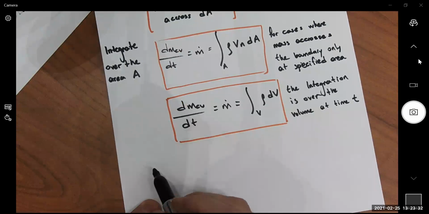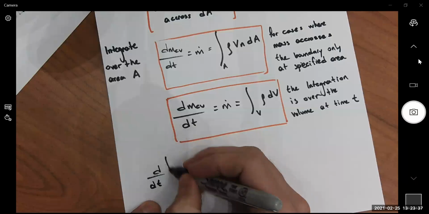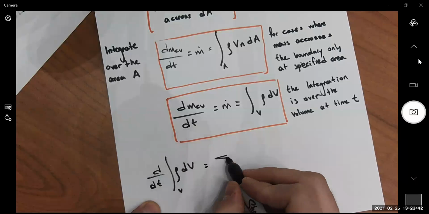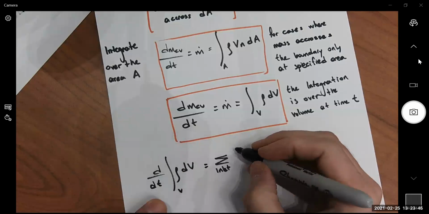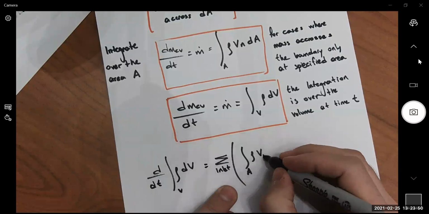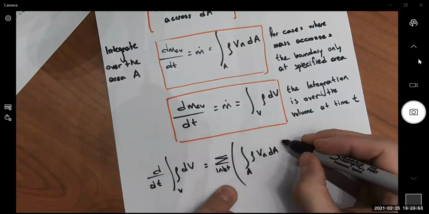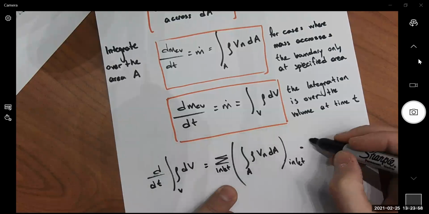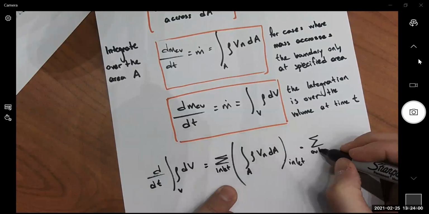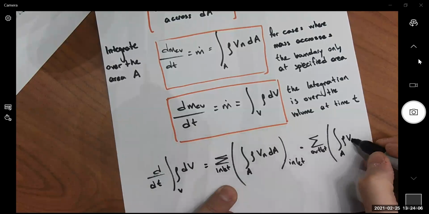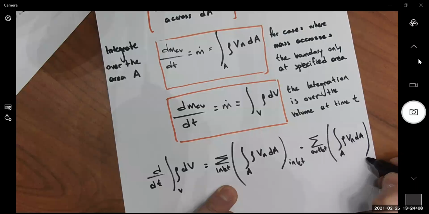So knowing this, right, we have d/dt integration of rho dV equals summation of the inlet area rho velocity passing through this infinitesimally small area, inlet, minus summation of outlets area rho velocity passing through that area, outlet.